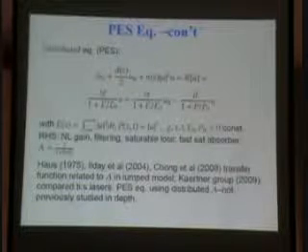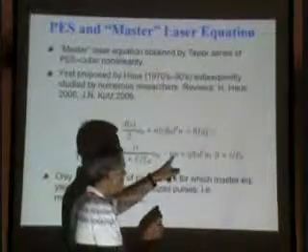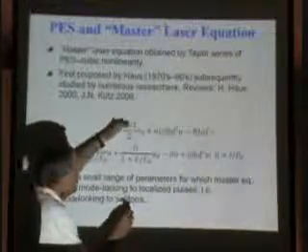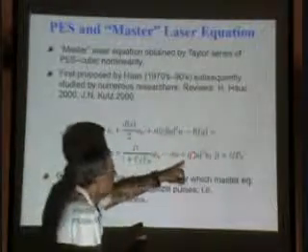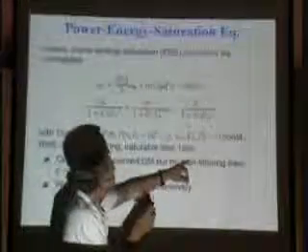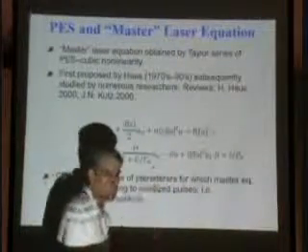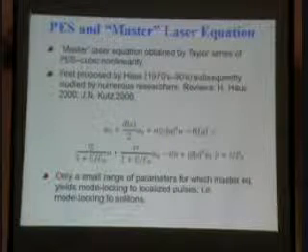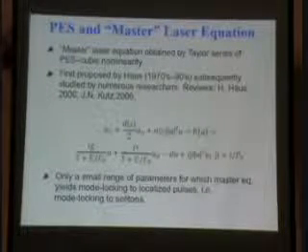Can you show the master equation for one second? Yes, the master equation. This is the master equation. So you take the communications problem, gain and filtering, you take the power term and expand it to one order. And this is what Haus worked with because it was easier to get special soliton wave solutions to that equation.